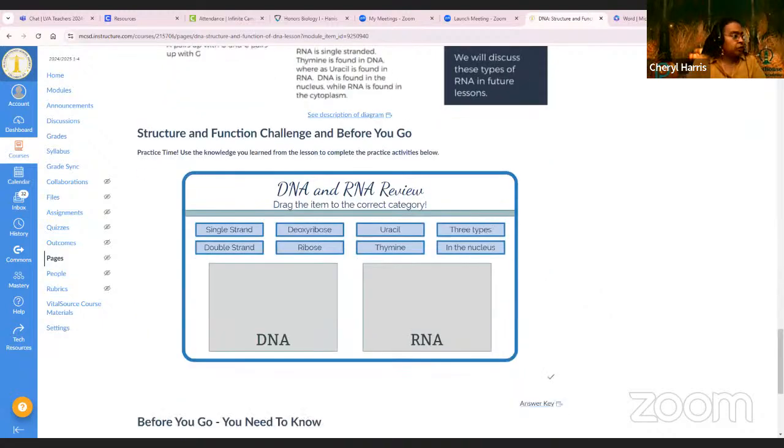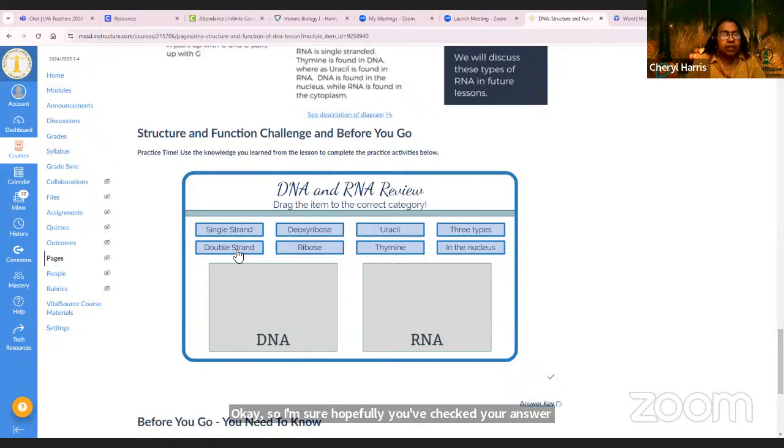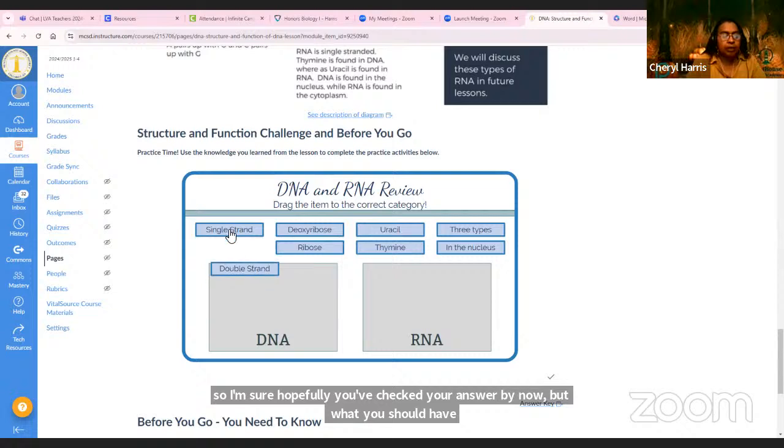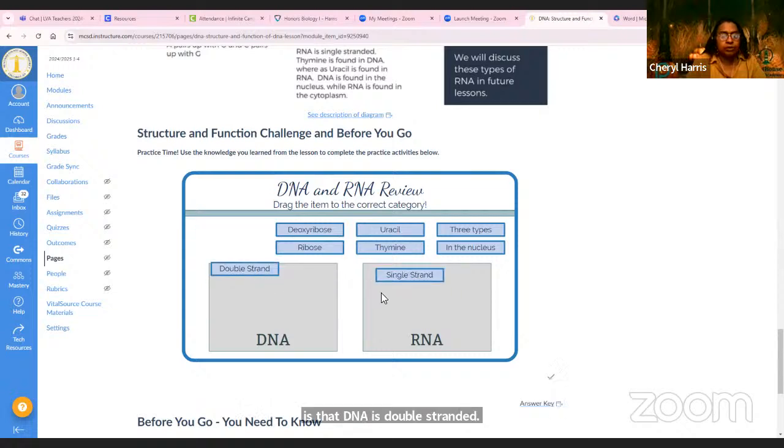Okay. So I'm sure hopefully you've checked your answer by now, but what you should have is that DNA is double-stranded, RNA is single-stranded.